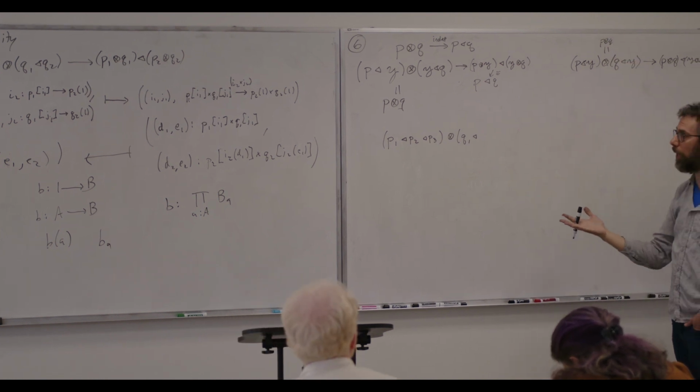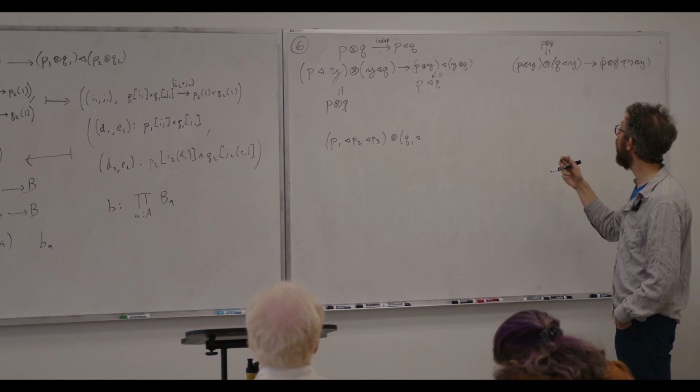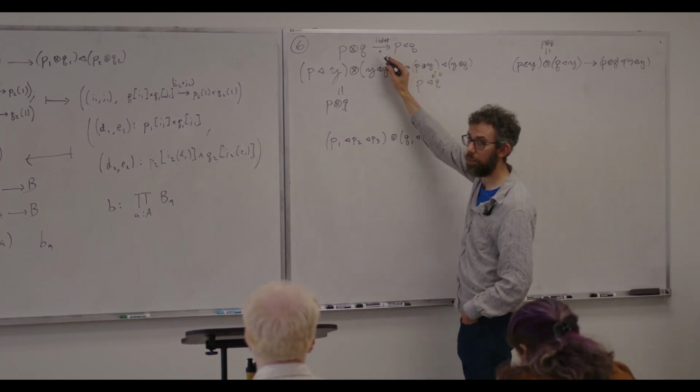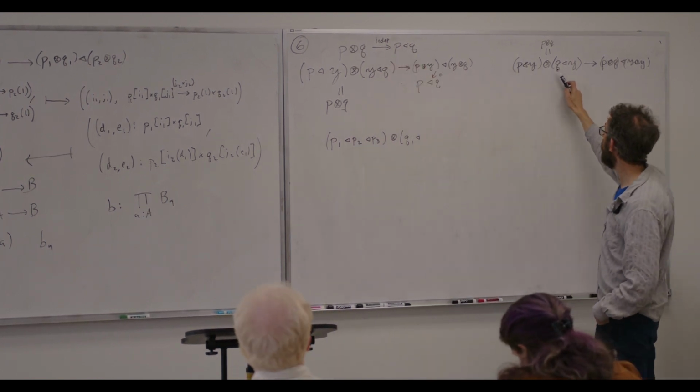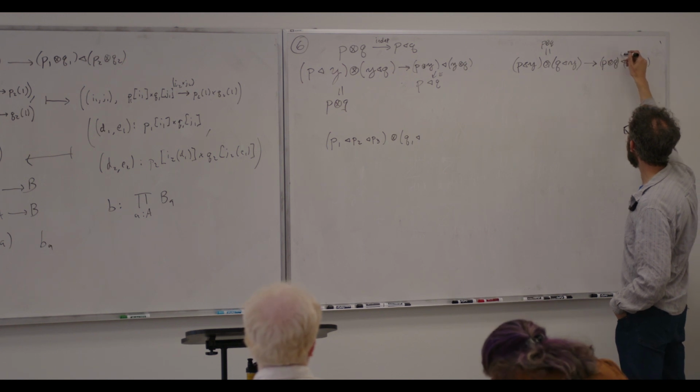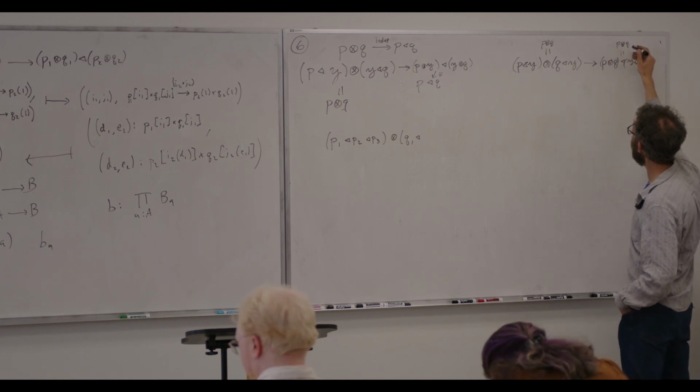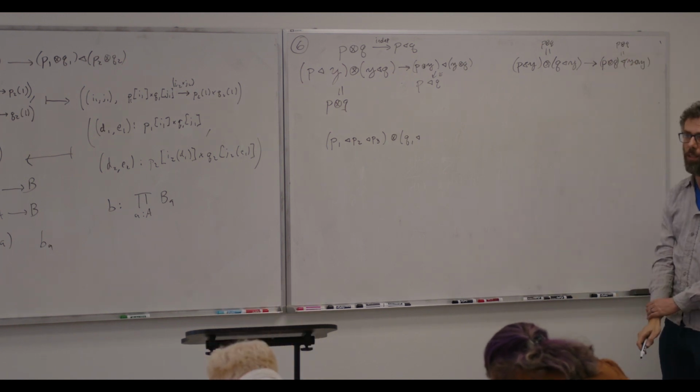You can use duoidality any way you want, but we wanted this, and your suggestion just got us back to P tensor Q. So you just got us the identity.